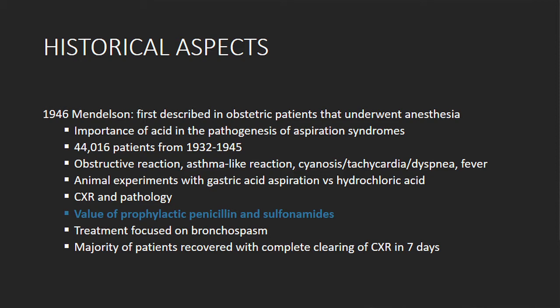He described 44,000 patients from 1932 to 1945. He described different types of reaction: an obstructive reaction, an asthma-like reaction, cyanosis, tachycardia, dyspnea, and also fever in this type of patients.